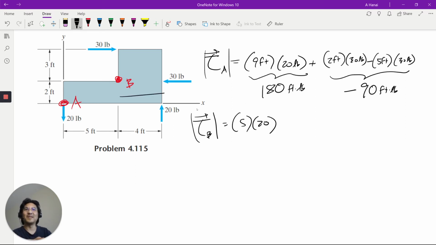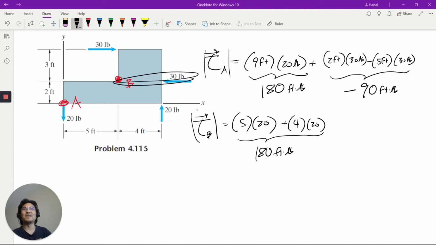And then here to here, 4 feet times 20, also positive. So right here, 180. And then about point B, 0. And then here, 3 times 30 going clockwise, so negative. Same, right? Negative 90.